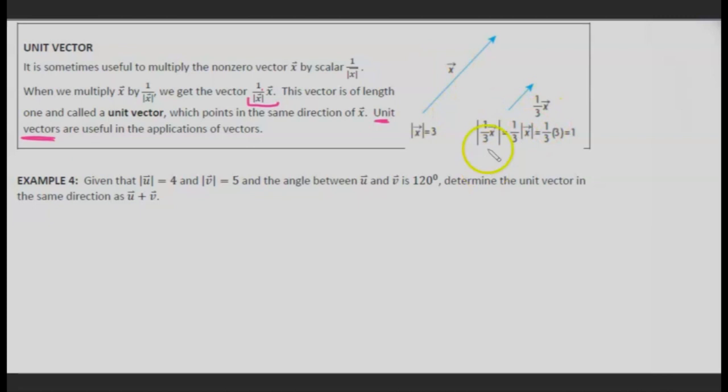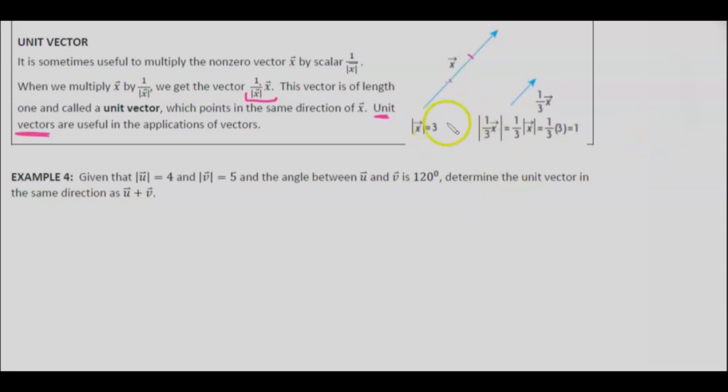Okay, so take a look over here. If we had some unit x, and say the magnitude here is 3, right? Like 1, 2, 3. Okay, so the magnitude is 3. So if we had 1/3 of vector x, that would also equal, like if we brought out the constant, right? 1/3 of the magnitude of vector x, and it would also equal 1/3 times 3, which is 1, right?